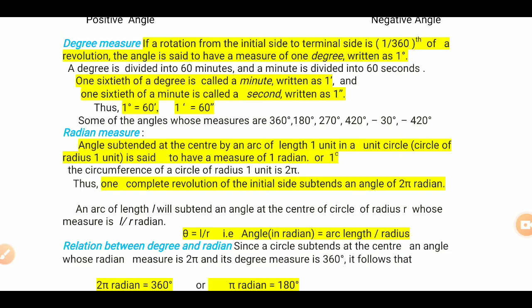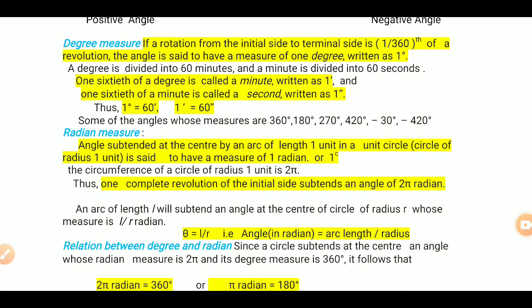If the arc is 1 unit and the radius is also 1 unit, then the angle subtended at the center by that arc is called 1 radian.